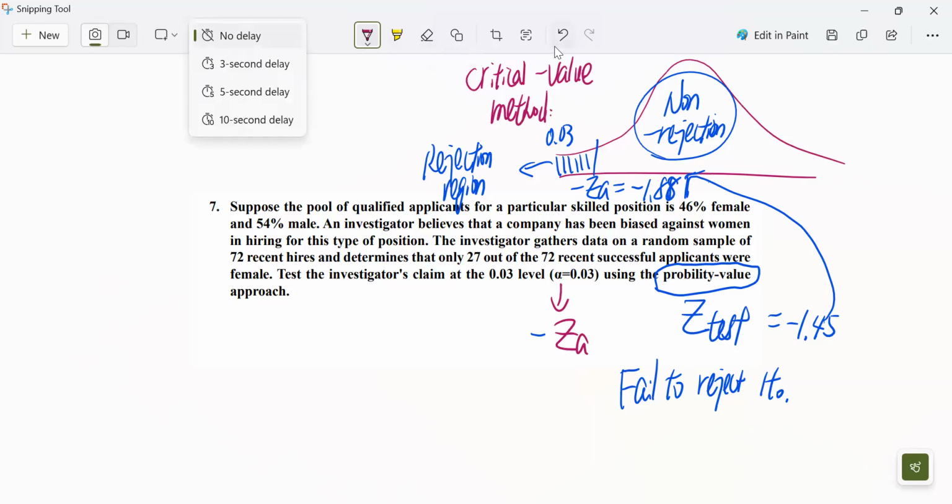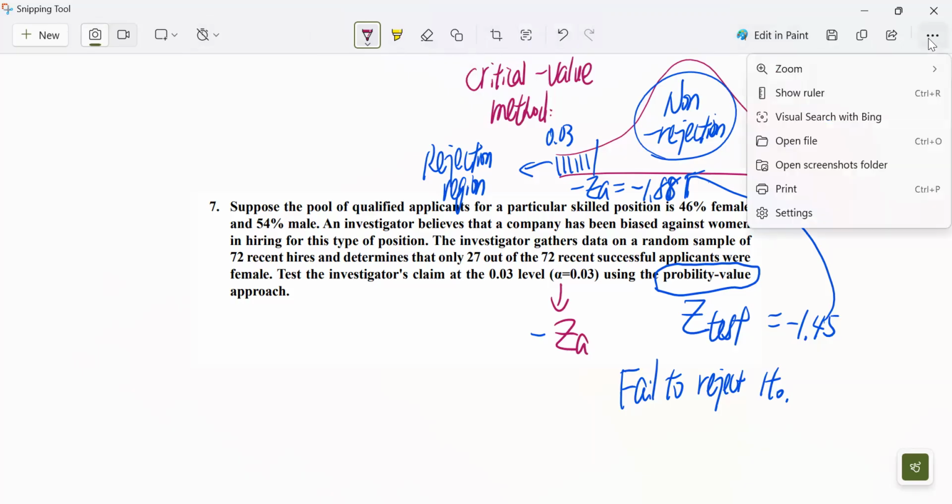So we use the p-value method, the probability value method, to get a z. From the test statistic we get a z score and we compare whether it's falling in the reject region or non-reject region.